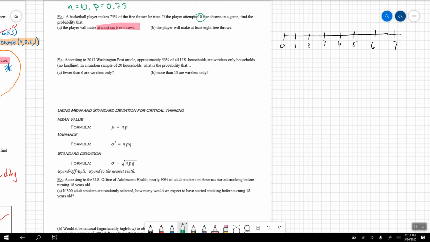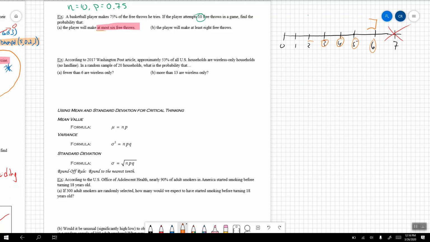So when we want to calculate this probability, we want to make sure that this probability does not go beyond the number 6. In other words, what we're trying to calculate is this probability happening, number 6. We want this one. Could he make 5? Yeah, it still satisfies that at most. Could he make 4? Sure, still classifies as at most.